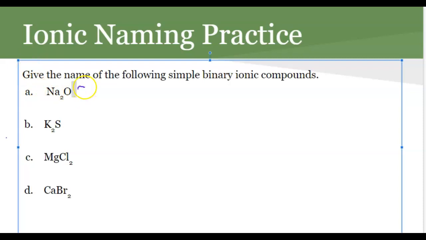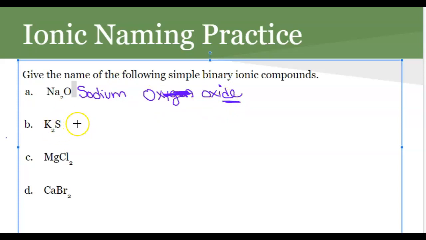So I can write sodium. And then oxygen gets its ending name cut off. And in this case turns into oxide. So the correct way to say this in words would be sodium oxide.